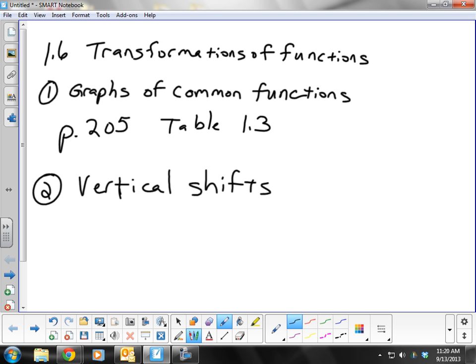And so the notation for a vertical shift is that f of x is equal to your function. So that could be equal to x for a linear function, or for a quadratic, it could be x squared. It's just the notation we're going to use for the function that we're talking about, this particular function.